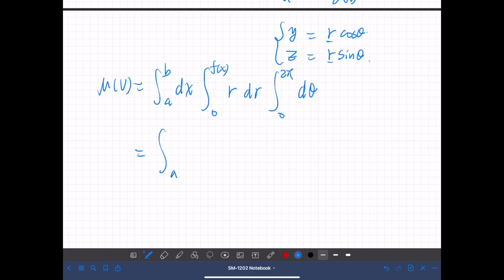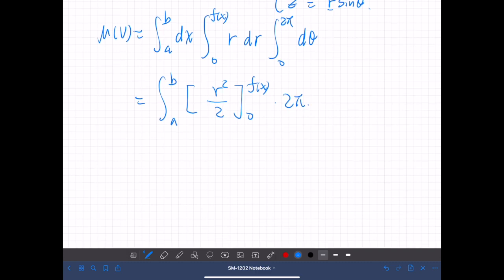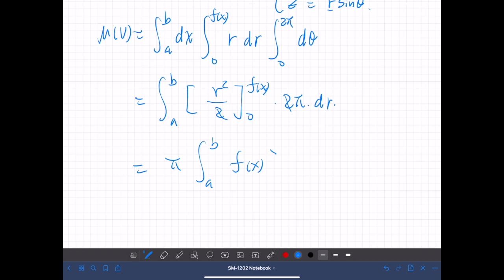So that becomes r squared over 2 from 0 to f of x, times 2 pi. So the 2 will be cancelled, and pi comes out, and we get the integral from a to b of pi f of x squared dx. So that's it.